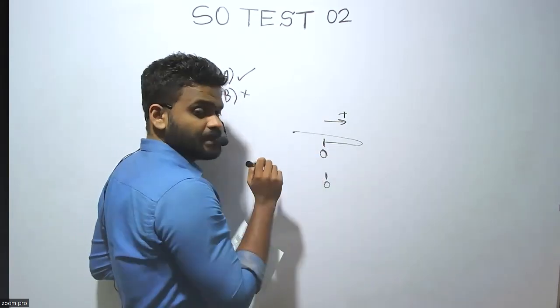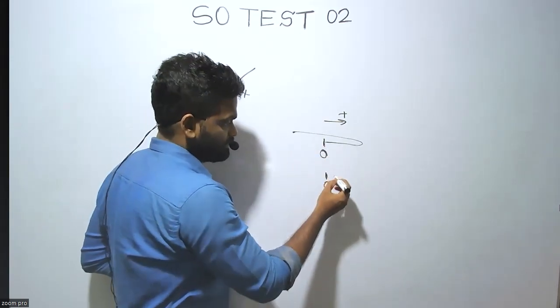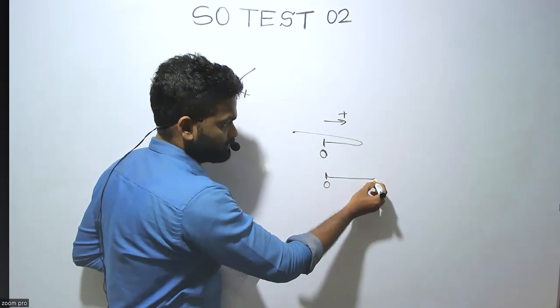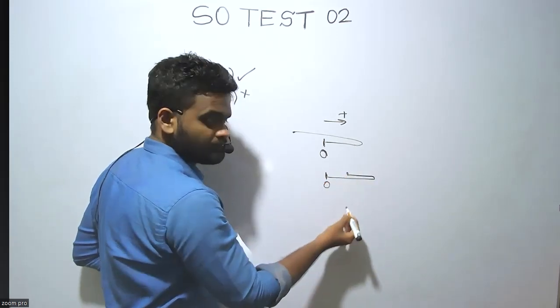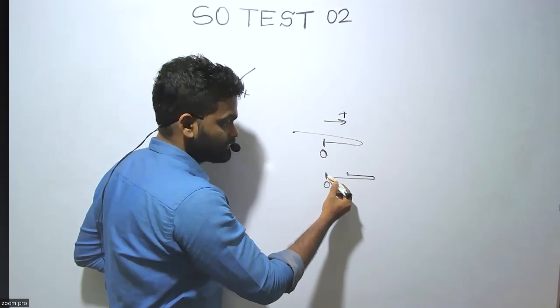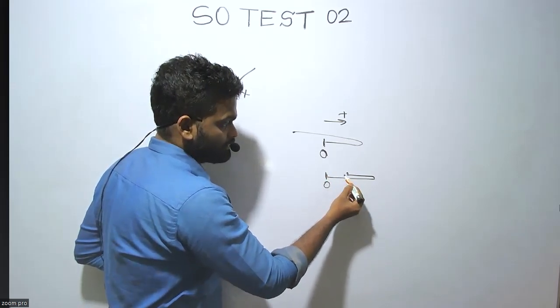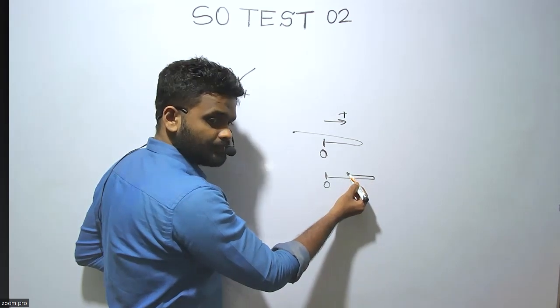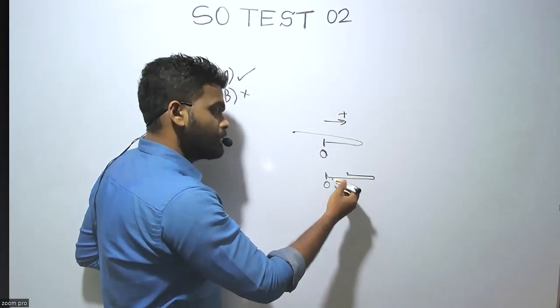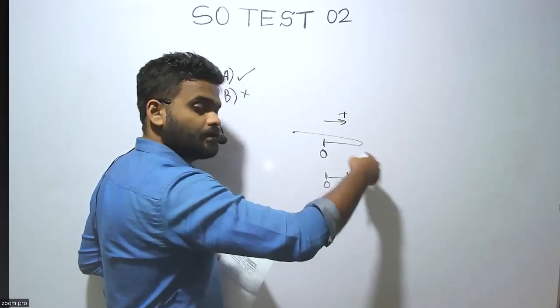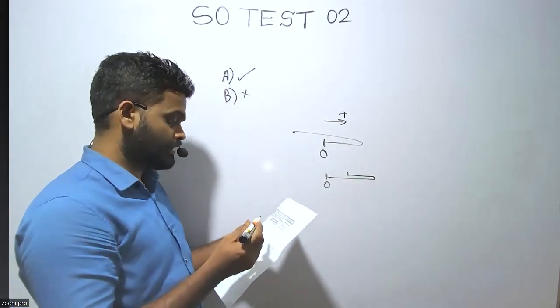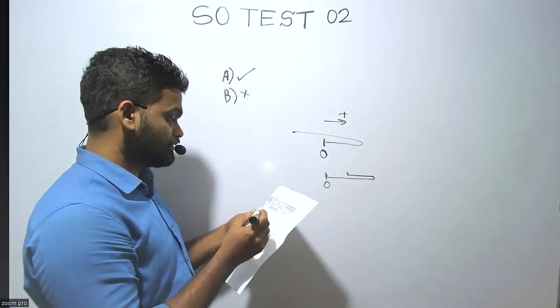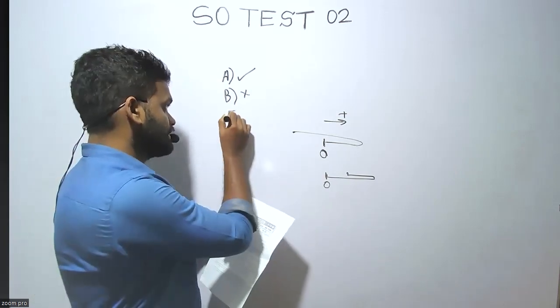Let's say you go here and come back to somewhere here with time. Displacement has increased, and now it has decreased with time. But the distance always adds up, right? So C is correct.